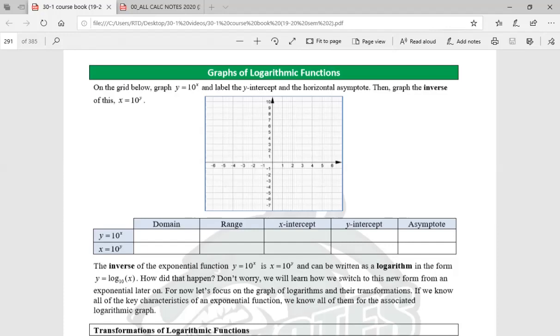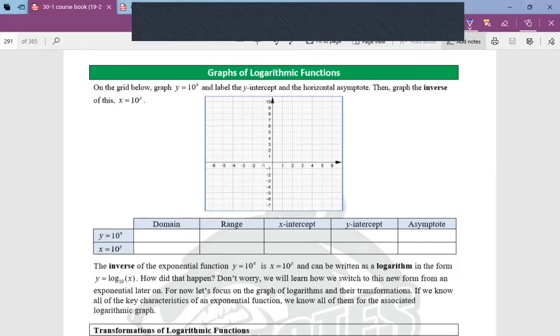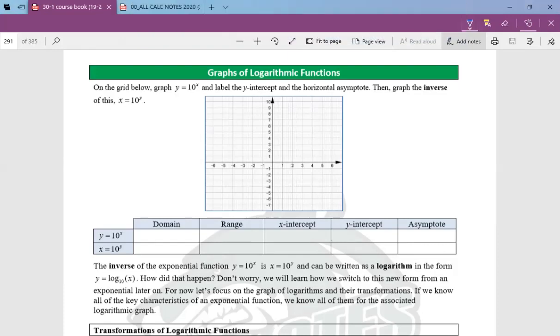Last time we saw that an exponential function is when we have exponential growth or exponential decay, and we had a horizontal asymptote, and the domain was all real numbers. What happens here ends up being the opposite of exponential, and in fact, we use the term inverse.